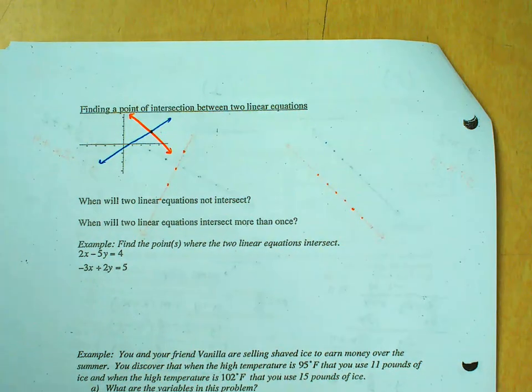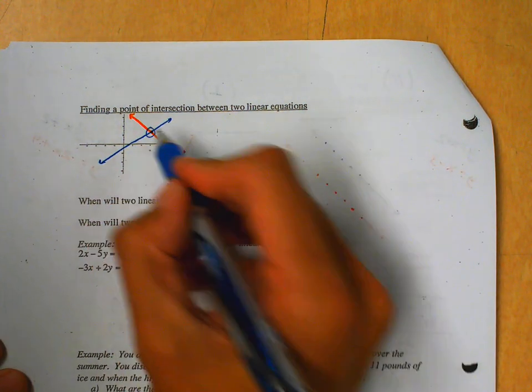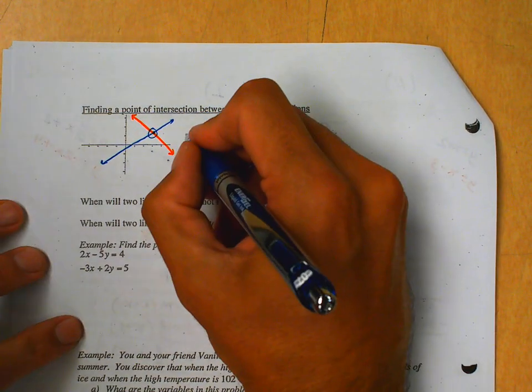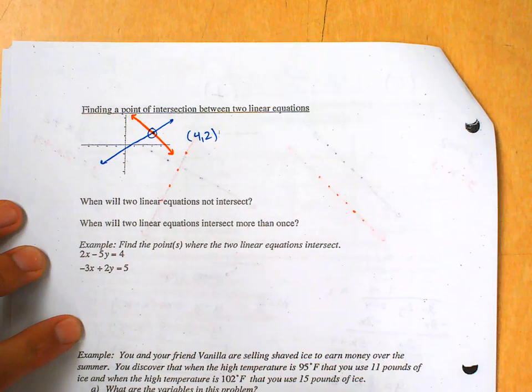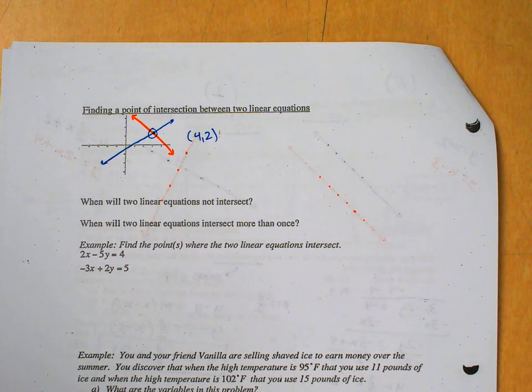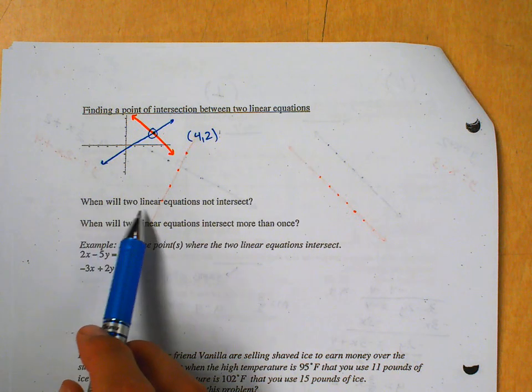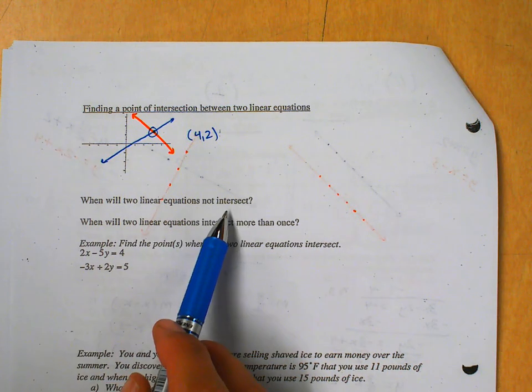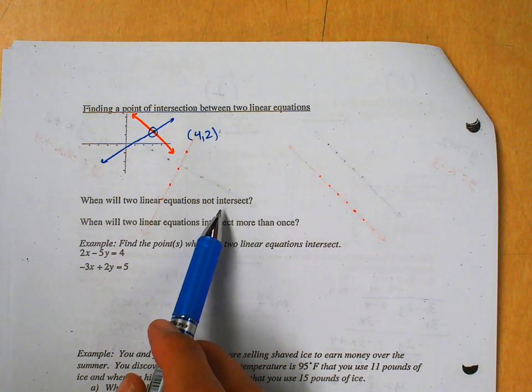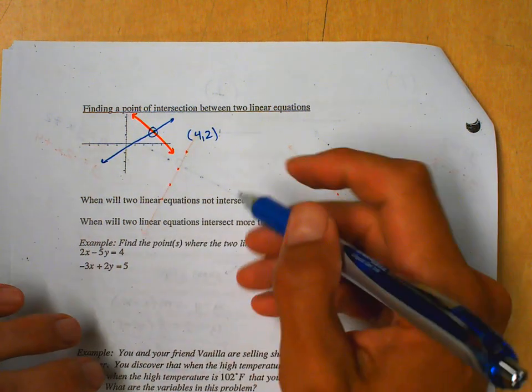The point of intersection where the two lines cross, that point of intersection is 4, 2. And the follow-up question to that is, when will two linear equations never intersect? And we saw that as an example on the previous page. They don't intersect if the two lines are parallel.